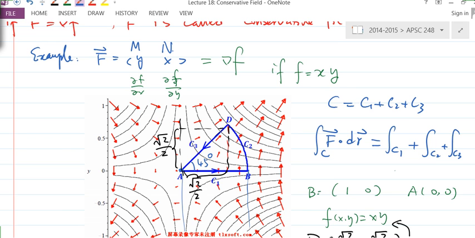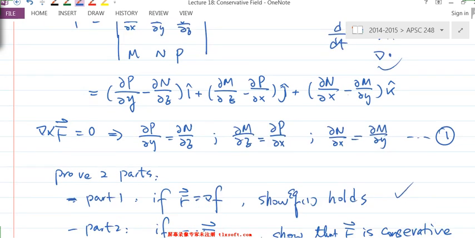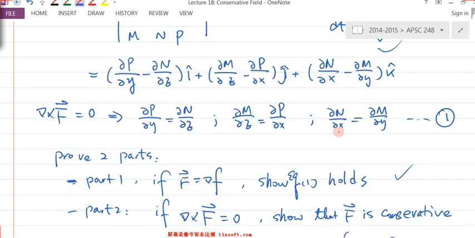So m equals y, and n equals x. Then if I apply the formula, I need to verify partial n over partial x equals partial m over partial y. n equals x, m equals y. And guess what? 1 equals 1. There we go, that's a conservative field.